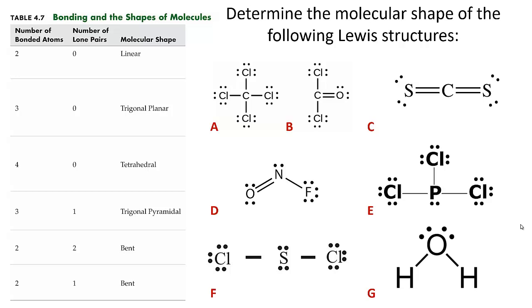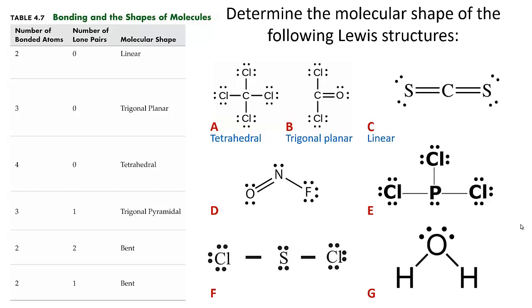Alright, so for A, you have 4 atoms surrounding a central atom. So it is tetrahedral. For B, you have 3 atoms around a central atom and no lone pairs. So you are trigonal planar. For C, you have a central atom with 2 atoms attached to it, so it's linear. For D, you have a lone pair attached to the central atom plus 2 atoms.